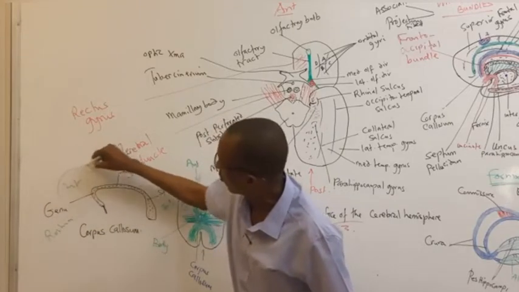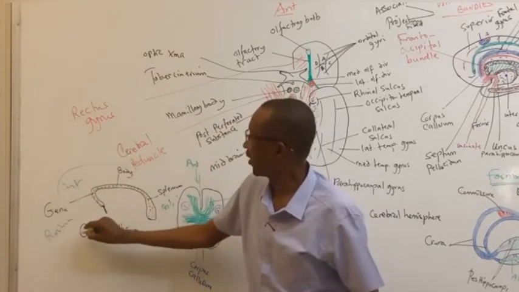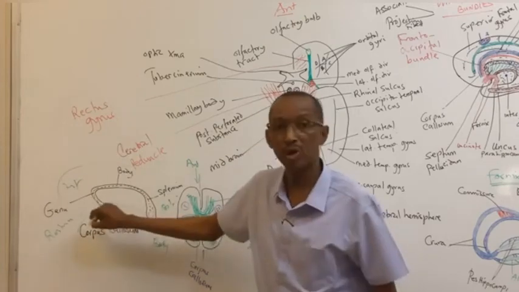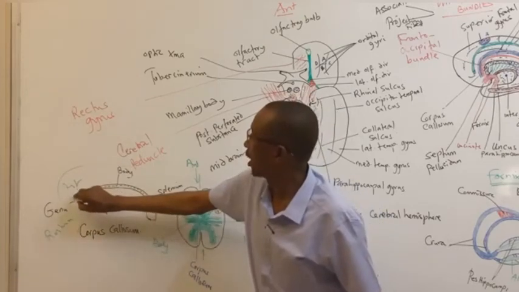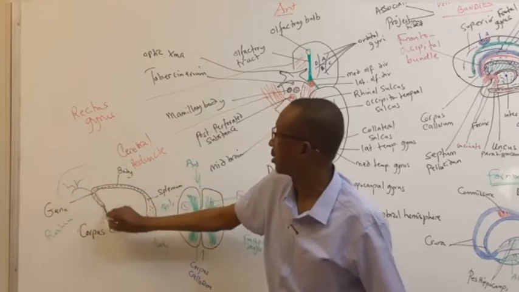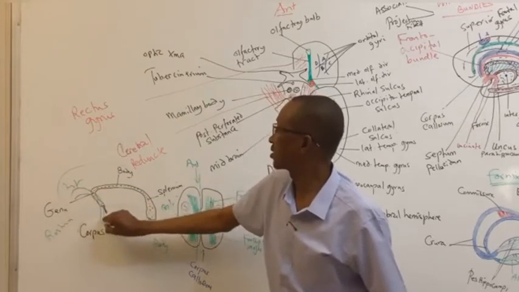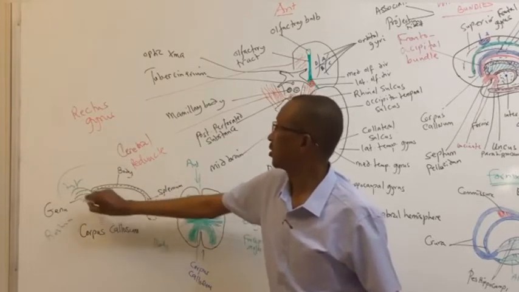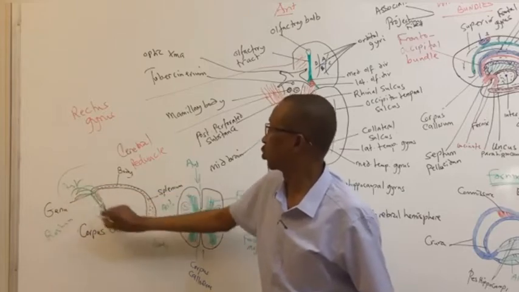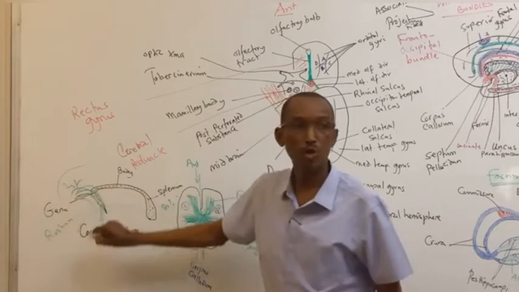So it means that fibers connecting the frontal lobe of one cerebral hemisphere here, and the frontal lobe of another cerebral hemisphere on this side, if these fibers want to join, they must pass across the genu and the rostrum of the corpus callosum.